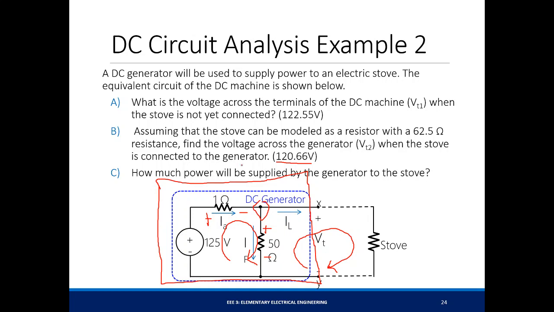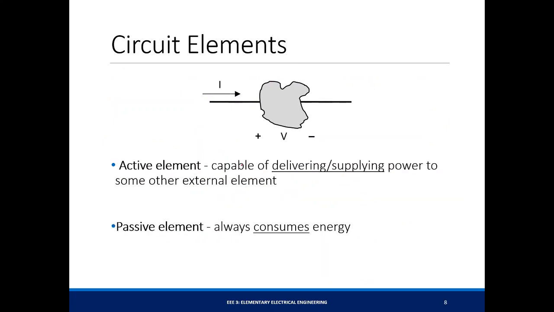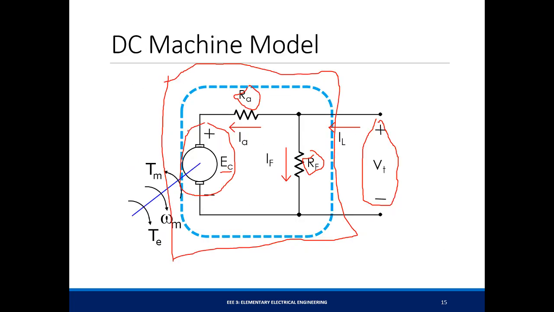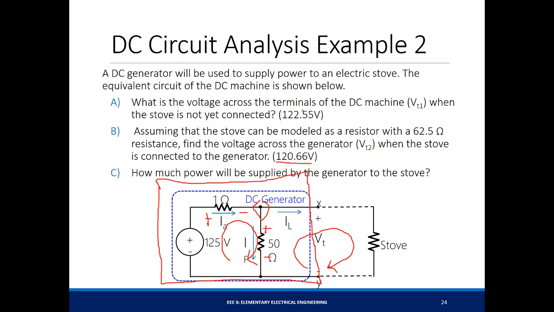So think of it as a general circuit element. Let's go back to that slide. Think of it as this lump right here. So it can absorb or it can supply power. So that one big box right there at the end supplies power to the stove.